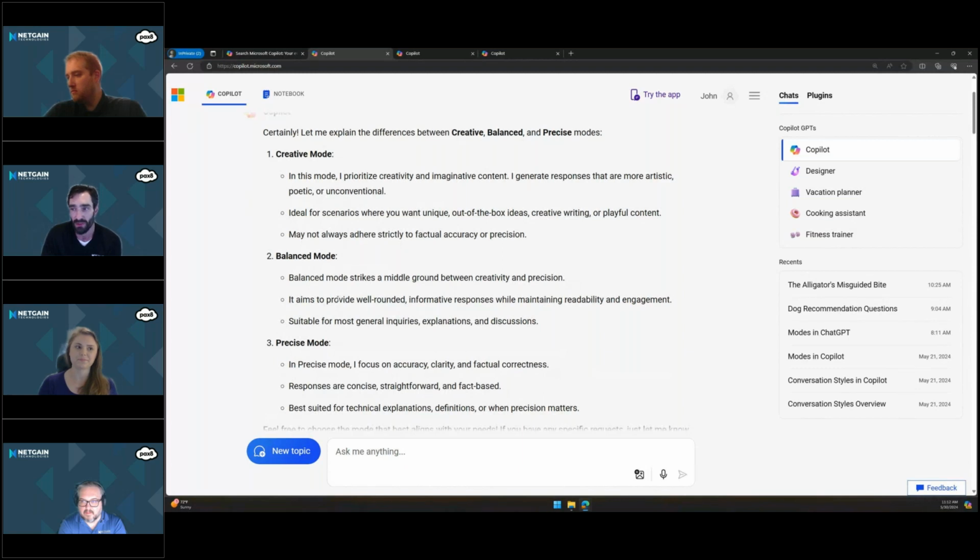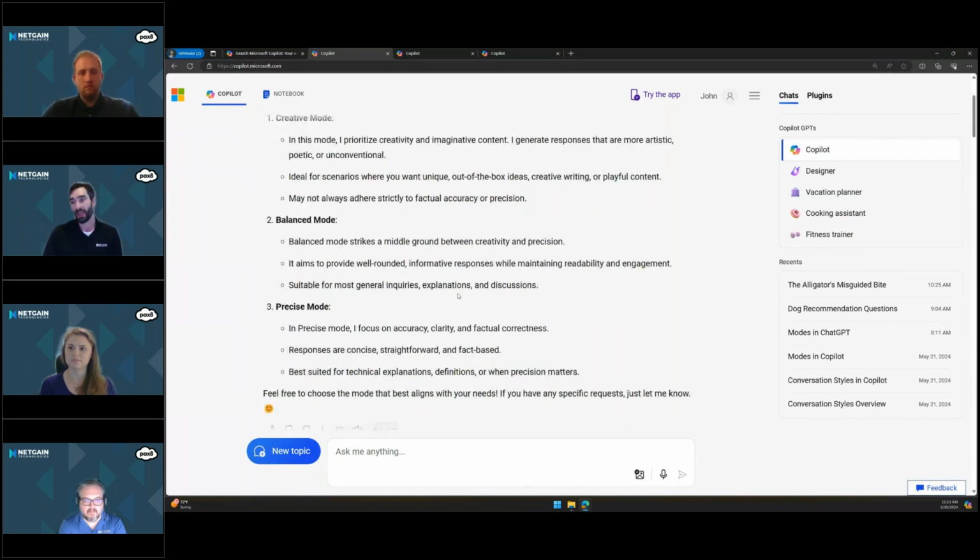It's a well-rounded, informative response, suitable for most. So we definitely recommend using balanced mode off the bat. It has a couple other features that are really good. It provides you links to where it gathered the information. And then the other main mode is precise mode. This is focusing on clarity, factual, very quick, shorter answers.